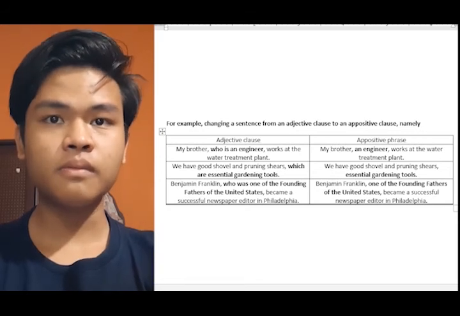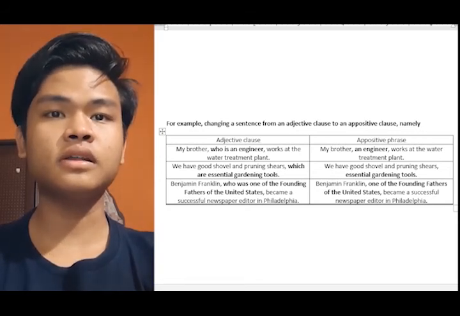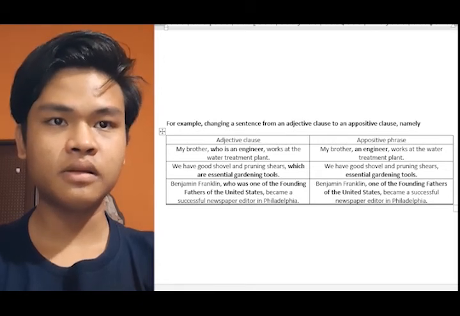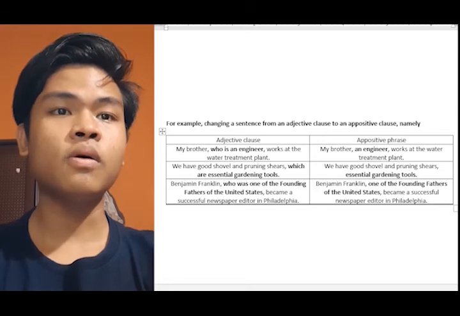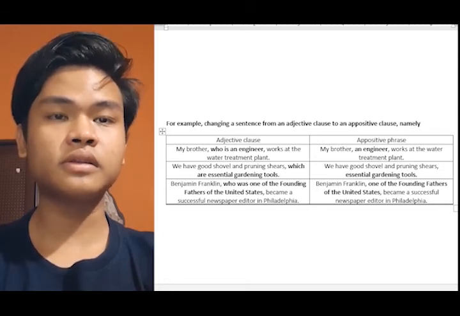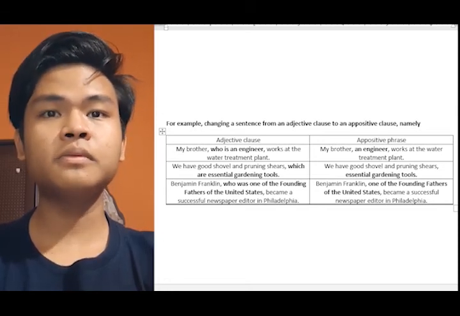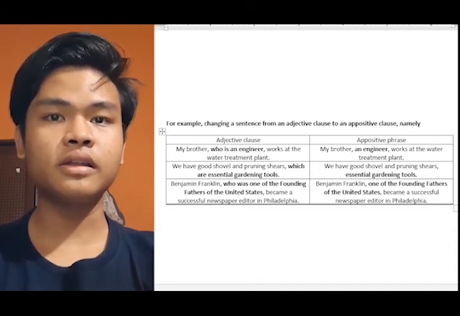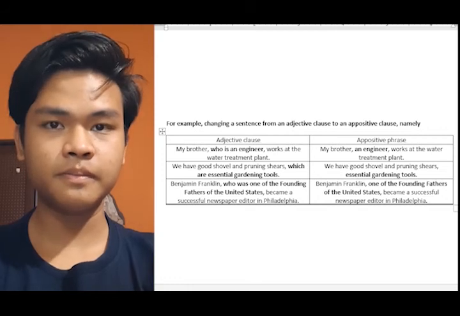Adjective clause: my brother, who is an engineer, works at the water treatment plant. To an appositive phrase: my brother, an engineer, works at the water treatment plant. We eliminate who as the relative pronoun and is as the verb be.